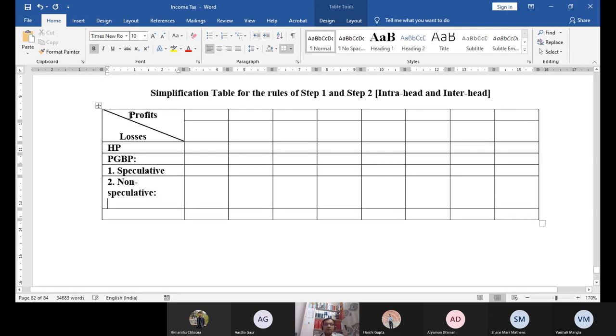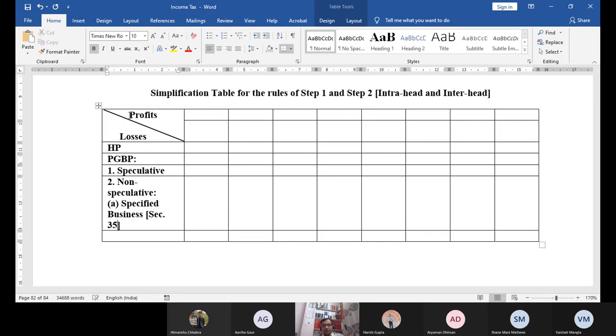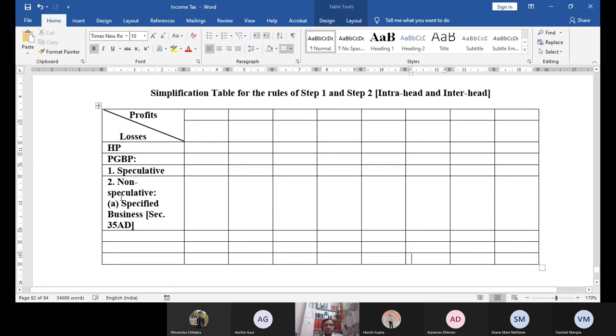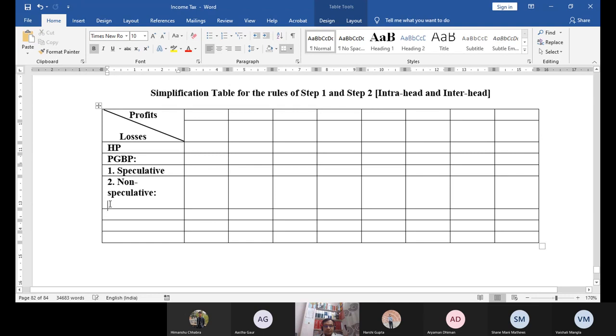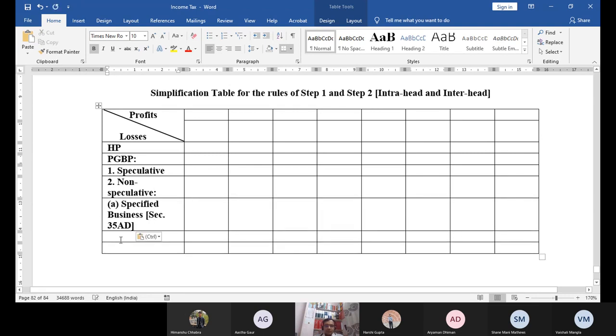Point A, specified business, 35AD. And point B is what? Other non-speculatives.